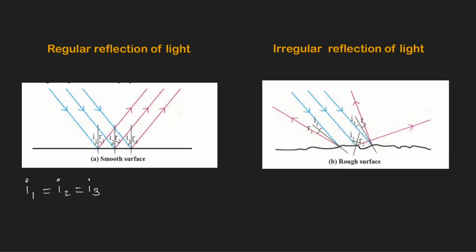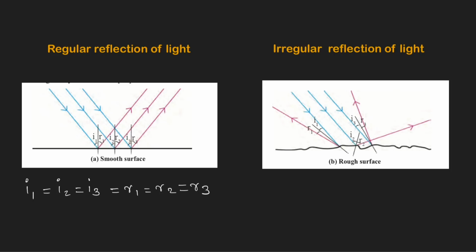According to the law of reflection, the angle of incidence is equal to the angle of reflection. When the rays are incident parallelly, the angles of reflection of those rays are also equal, so we can write r1 is equal to r2 is equal to r3.